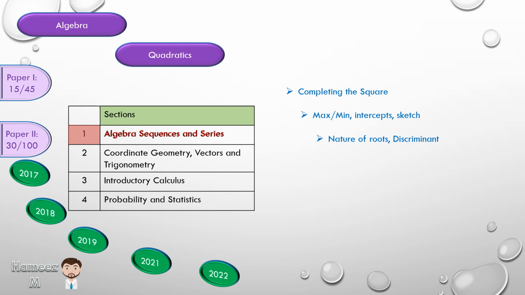Also, in quadratics, we need to be able to solve reducible equations like x to the 4th plus 6x squared plus 5 by using a proper substitution to convert it to a quadratic. We need to know how to work out the sums and products of the roots of the quadratic equations.